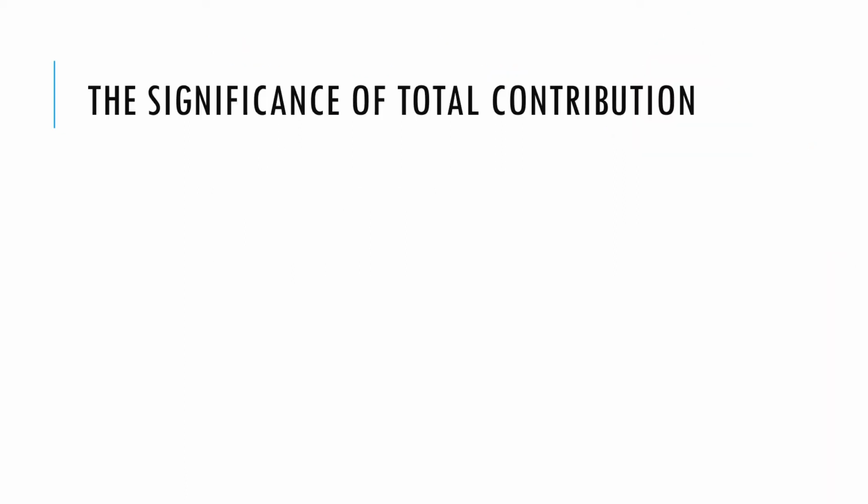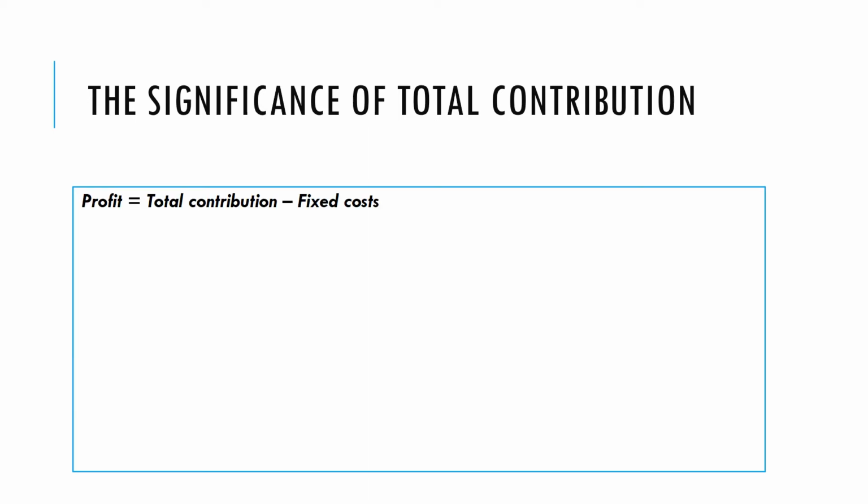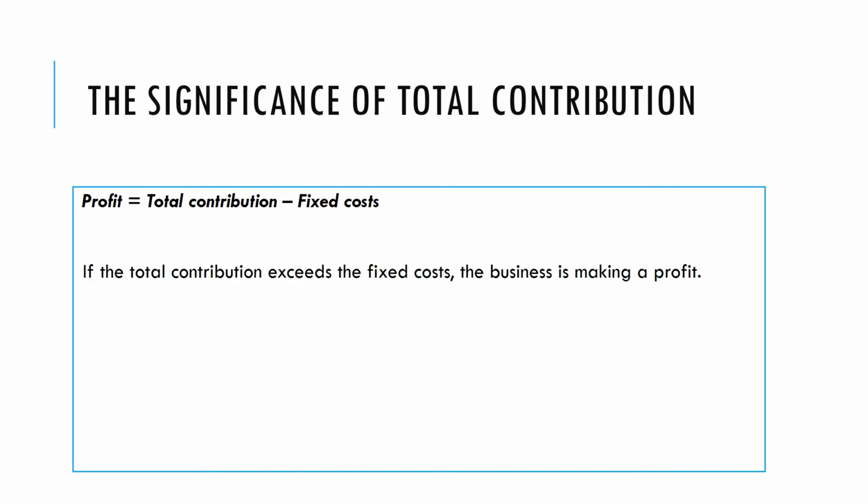So contribution is significant because it helps us work out the profit. So profit we can calculate by taking the total contribution and subtracting the remaining fixed costs. And again, this is a formula we should have down in our notes. Looking at that formula, if the total contribution is bigger than the fixed cost, the business is making a profit, happy days.